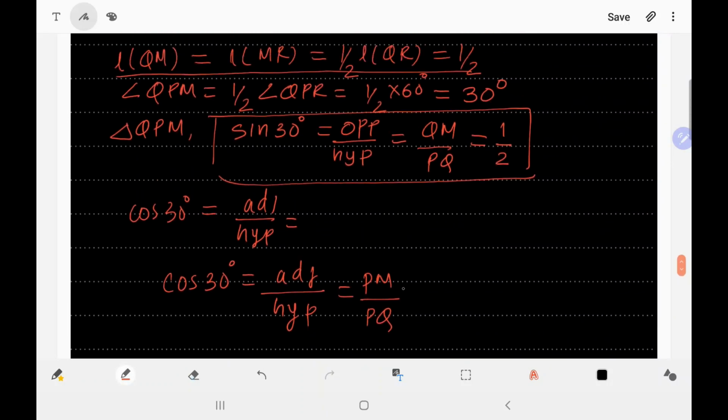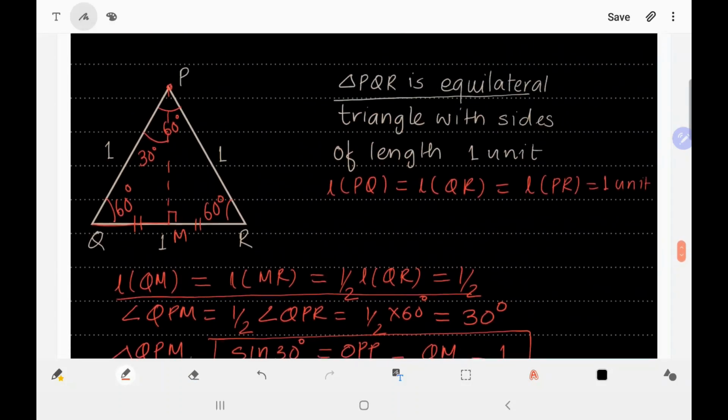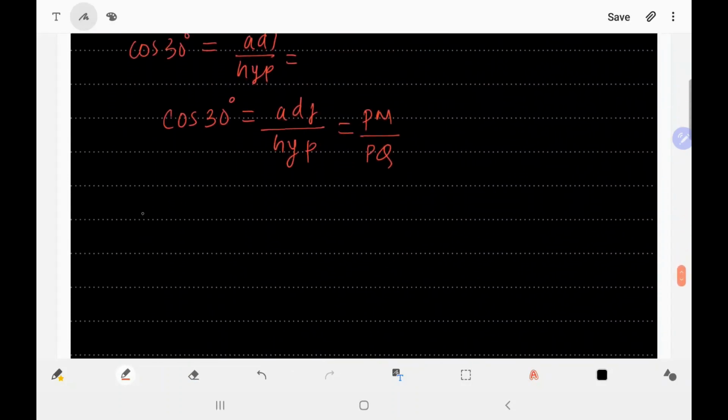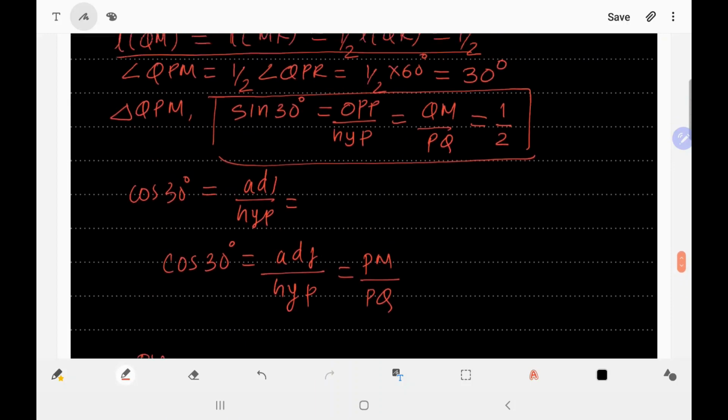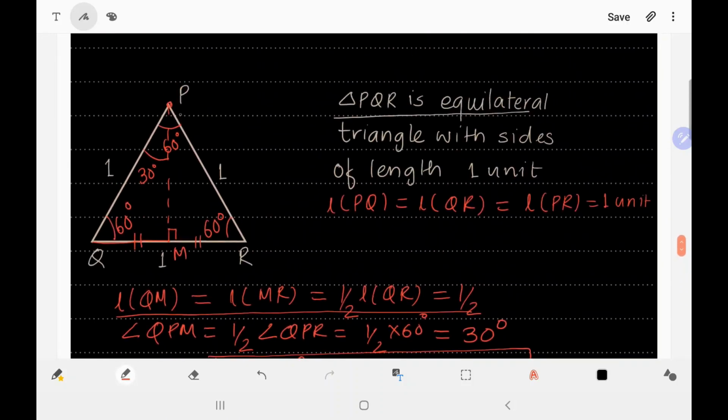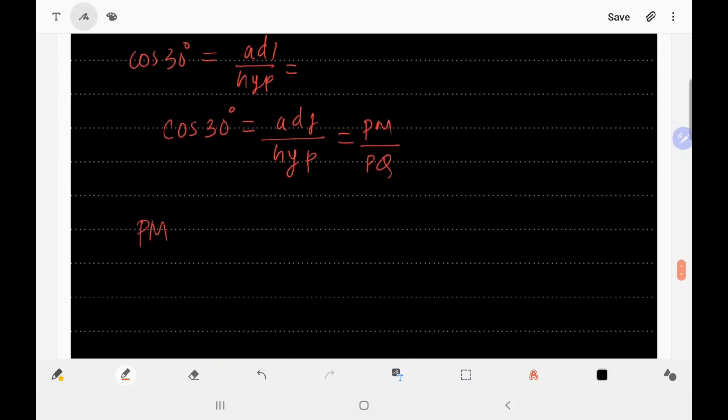We need to know the length PM, which we can find using Pythagoras theorem. Square of PM plus square of QM gives us square of PQ: square of base plus square of height is equal to square of hypotenuse.